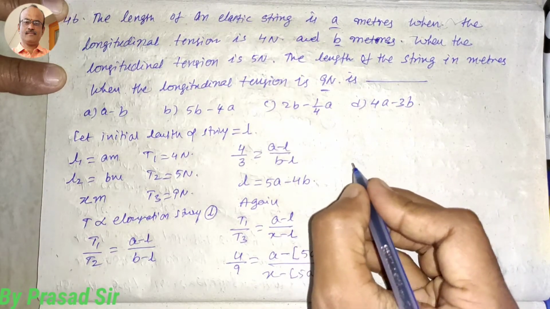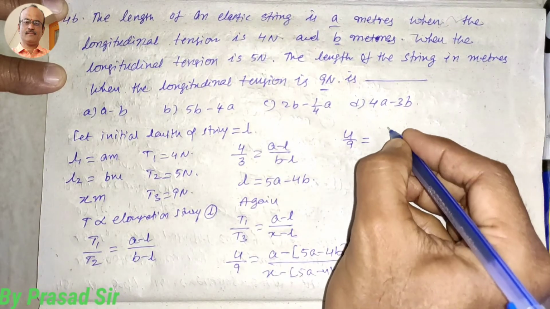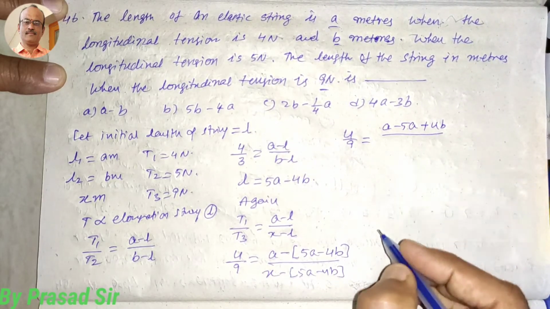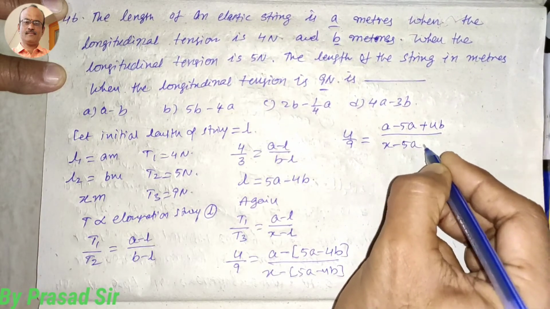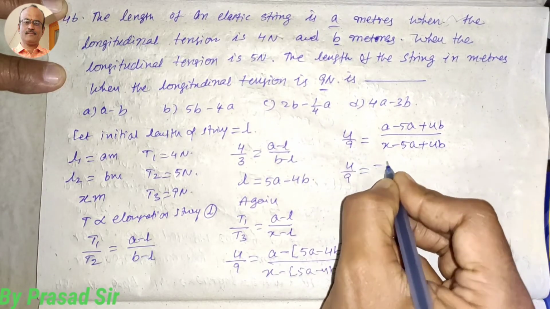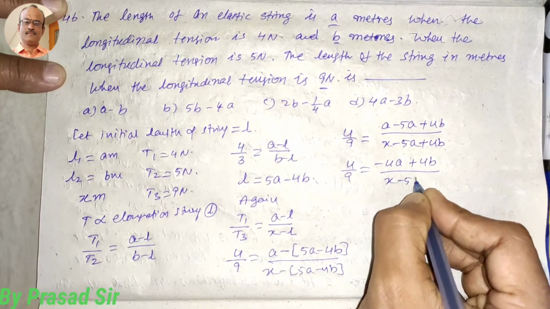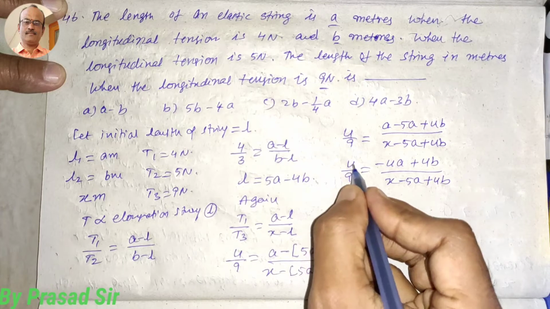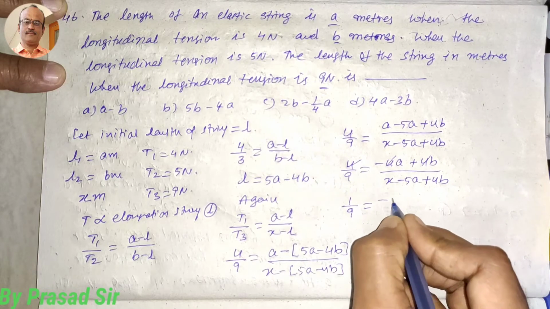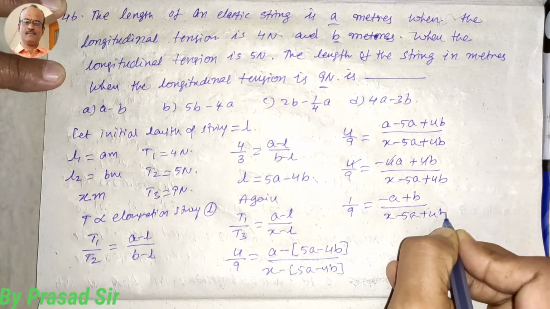Now by calculation, 4 by 9 is equal to minus 4A plus 4B divided by x minus 5A plus 4B. On the left and right hand side, 4 gets cancelled. 1 by 9 is equal to minus A plus B divided by x minus 5A plus 4B.